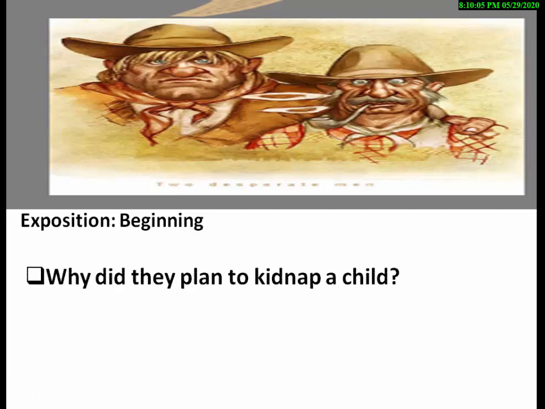Why did these two kidnappers plan to kidnap a child? It was in Alabama where Bill Driscoll and Sam got the idea to kidnap this child because they wanted to buy an illegal land in Illinois.